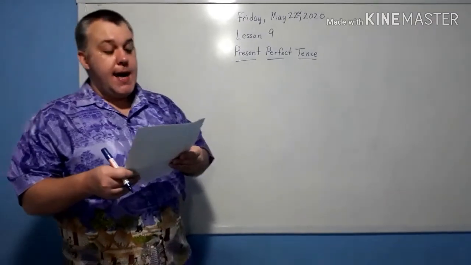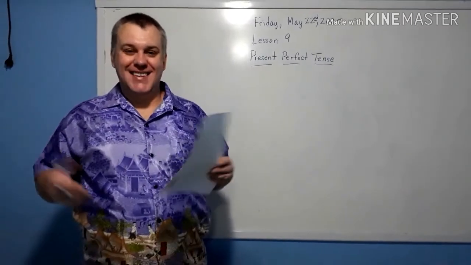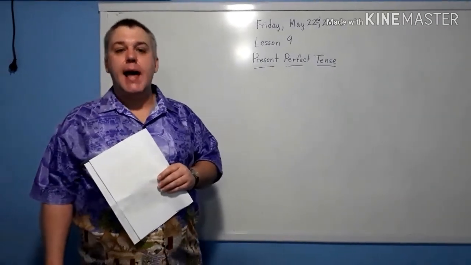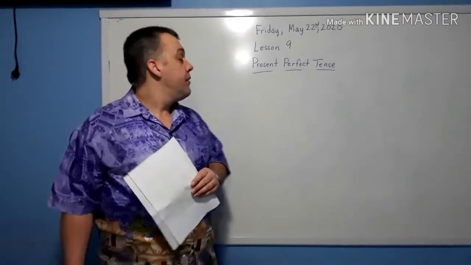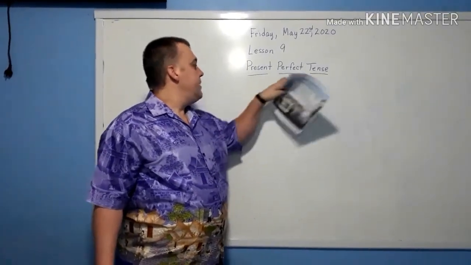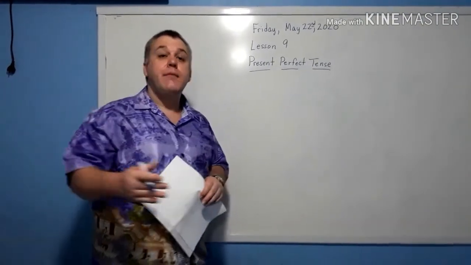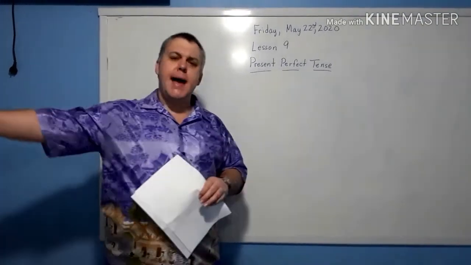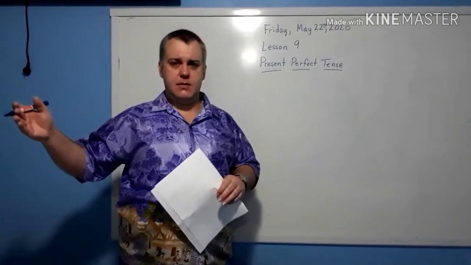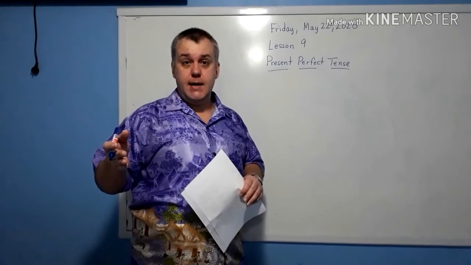Now, we have. We use have and has with verb 3. The present perfect tense means up until this point. Have you ever, in the past, anytime in the past, up till now, all right?